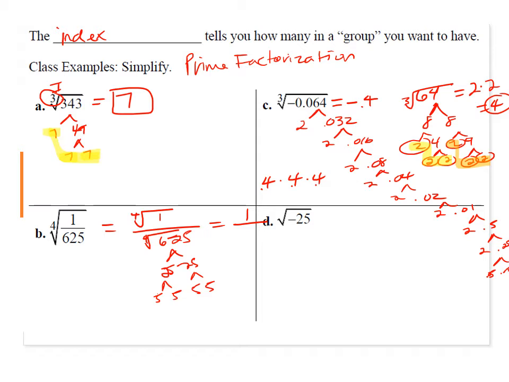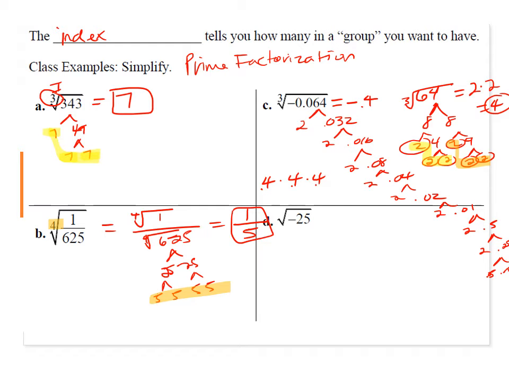So from there, I have one group of 4, because my index is 4 and I'm trying to see how many groups I can make. I can make one group of 4 of 5s. And so the fourth root of 625 is 5. My answer is 1/5. Okay.